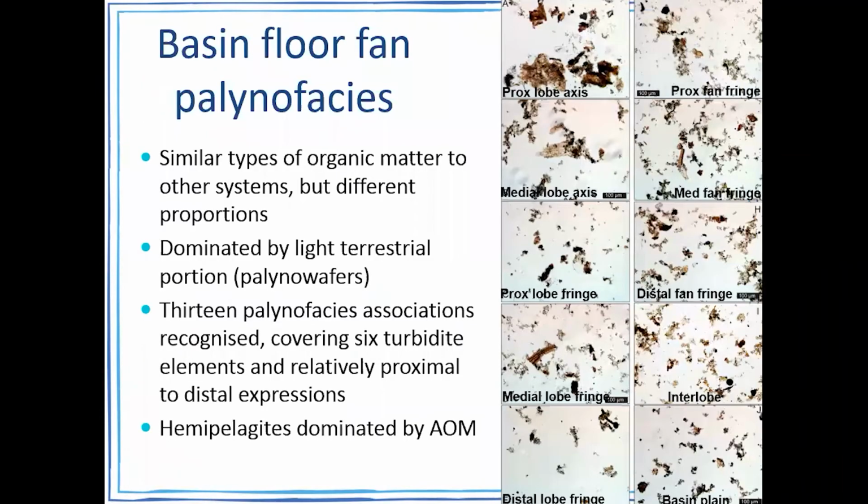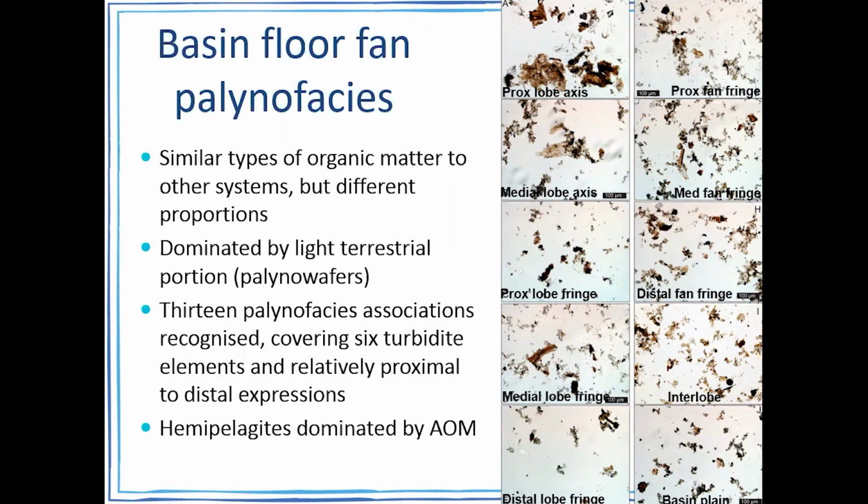So again, we collected hundreds of samples through this system and subjected them to the same type of analysis to look at their organic matter content. And again, we had similar types of organic matter to the other systems, but pleasingly showing different proportions of these. However, in all cases, as you'll get a feel for here, they're now dominated by the light terrestrial proportion.